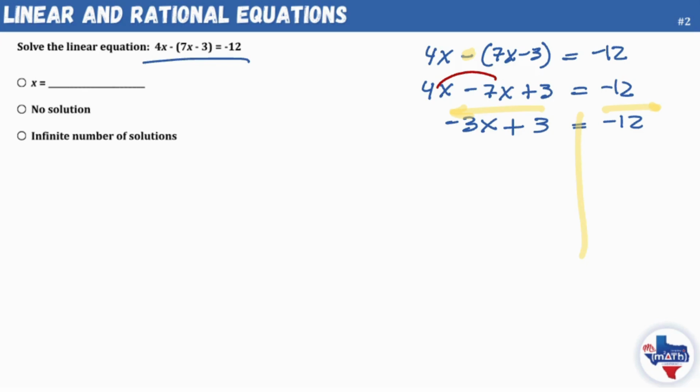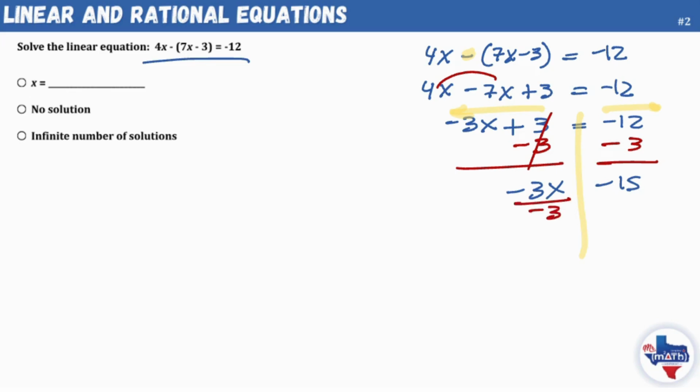So we have a positive 3 there. What are we going to do? We're going to subtract 3 on both sides. Positive 3 minus 3 will cancel out, and we'll keep only negative 3x, and negative 12 minus 3 is negative 15. Now, that negative 3 is multiplying x. We're going to apply the opposite operation.